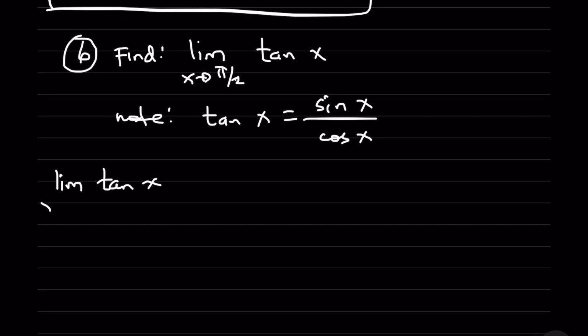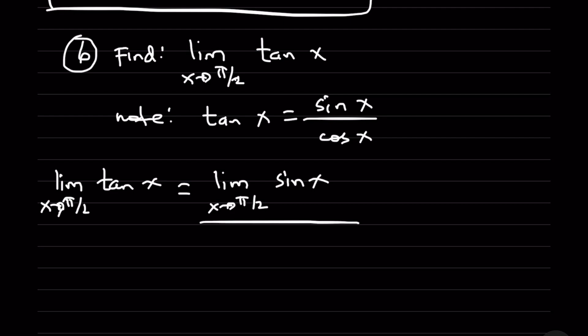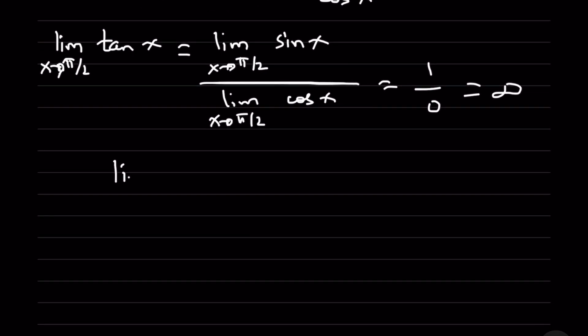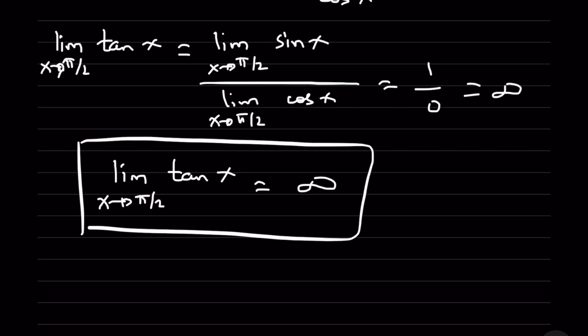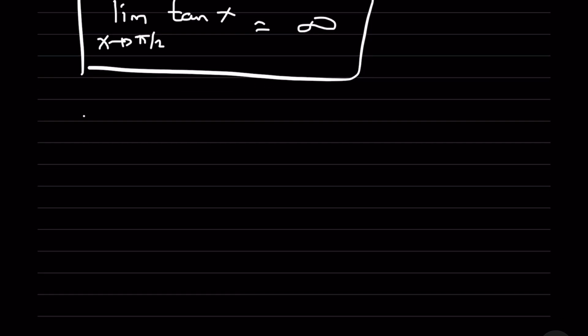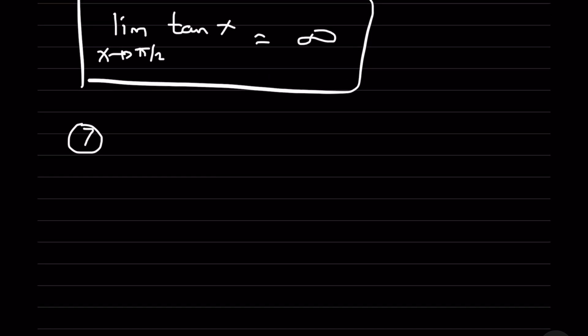So we can write the limit of tangent x as x approaches pi over 2 as the limit of sine x as x approaches pi over 2 divided by the limit of cosine x as x approaches pi over 2. So that is equal to 1 over 0, or infinity. So the answer is infinity.